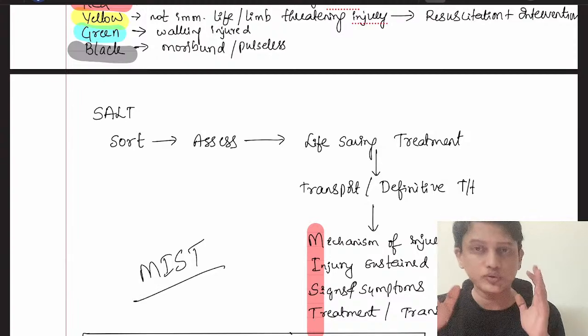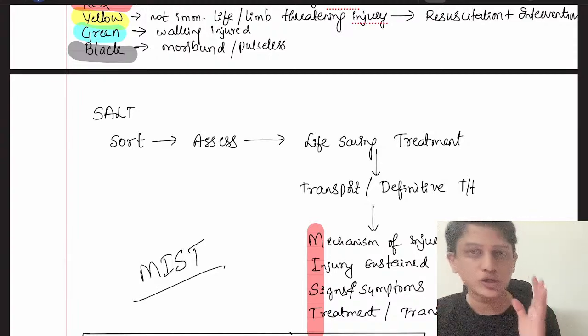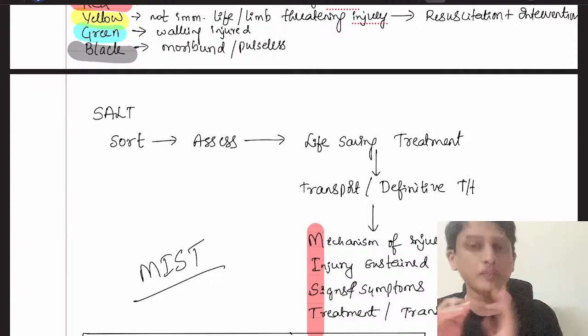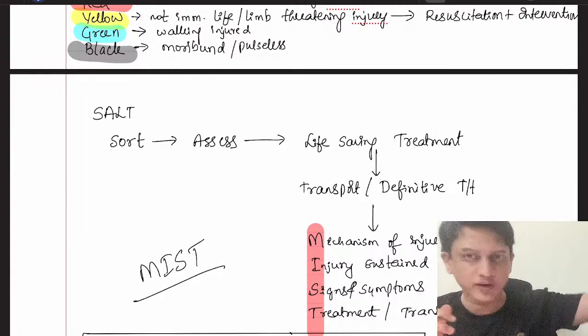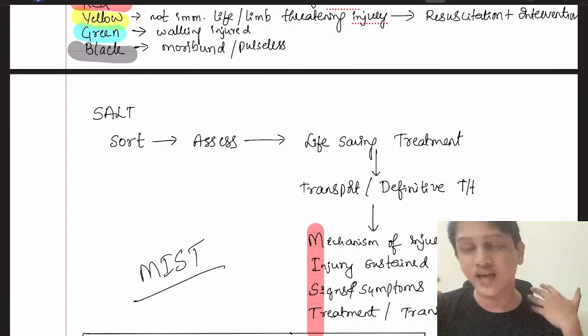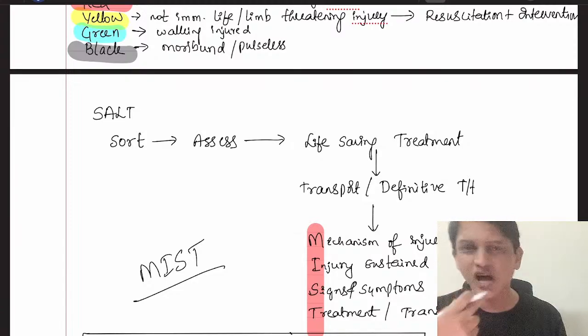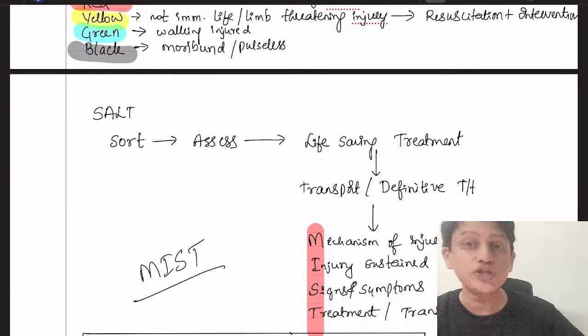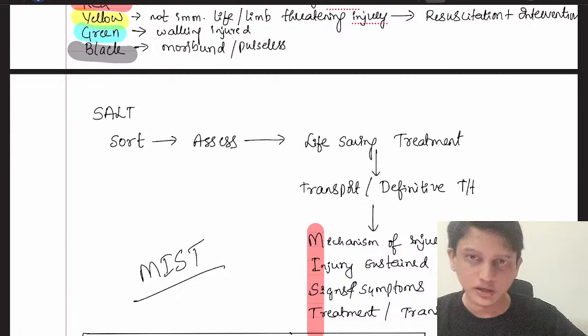As soon as you take the patient to the higher center, you should be able to tell the doctor in charge there the mechanism of injury. It's an accidental injury, he fell down from height, or it's a burn injury. Then where all the injuries were sustained: a spine injury, a maxillofacial injury, a left eye injury.